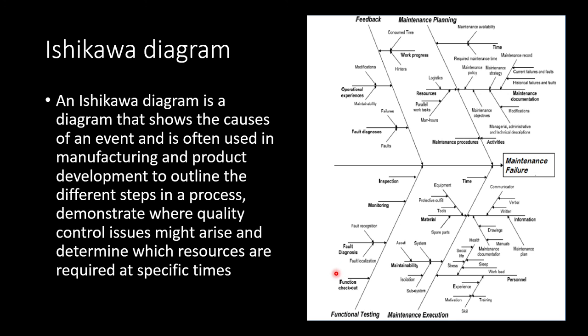Then we have the Ishikawa diagram, and this is a diagram that shows causes of an event. It helps us consider the things that we need when having a process. It has to do mainly with control situations, but one of the important things is that it determines which resources are required at specific times. So we can adapt this type of diagram to maintenance by working with the resources that are required at specific times when we are giving maintenance to the production line.